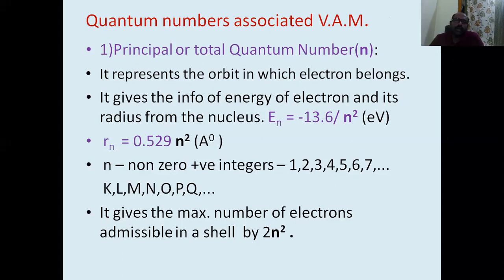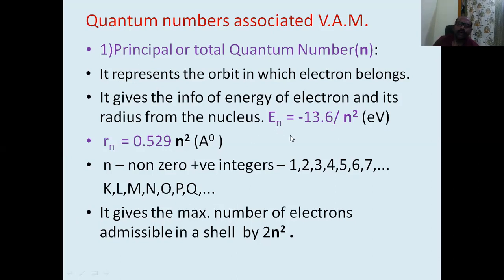That orbit number is the principal quantum number. It gives the information of the energy of the electron and its radius from the nucleus.